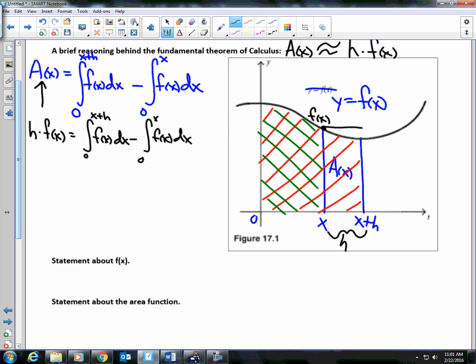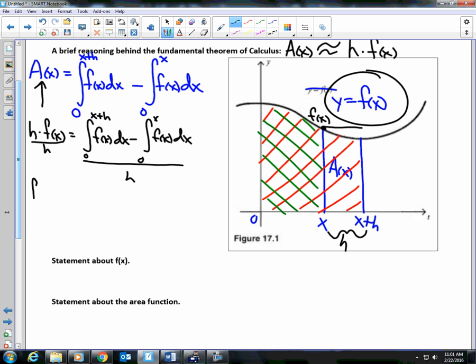Well, wouldn't it be neat if we could say something interesting about the function? Like, if given the function, it then said something important afterwards, that would be valuable. So I'm going to divide both sides by h.